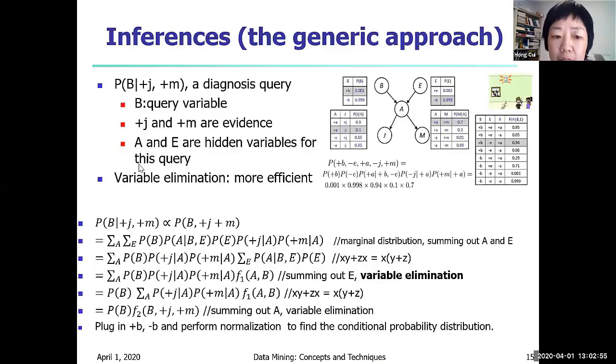To speed up that, a method called variable elimination has been used. The idea is very simple. When we need to enumerate all those hidden variables, we observe that some hidden variables are not related to all the terms.